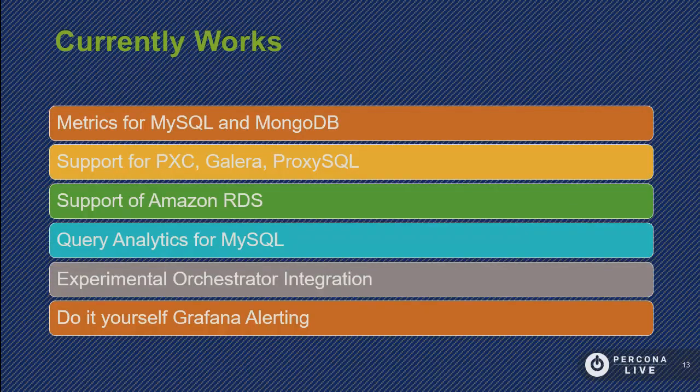So what currently works? Well, metrics for MySQL and MongoDB. We have a lot of data and a lot of very great insights. I think we have maybe 20 dashboards, and now it's more than 100 different graphs covering operating system, database, and so on.